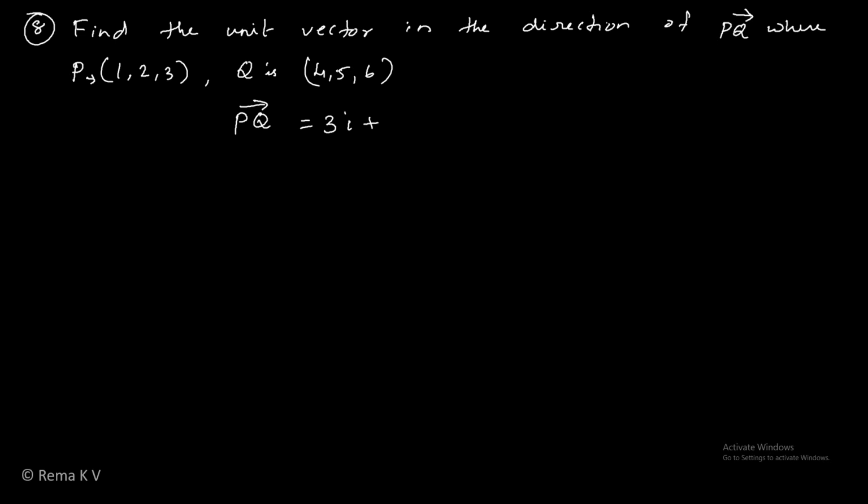Then plus 5 minus 2, again 3, 3j, plus 6 minus 3, 3k.